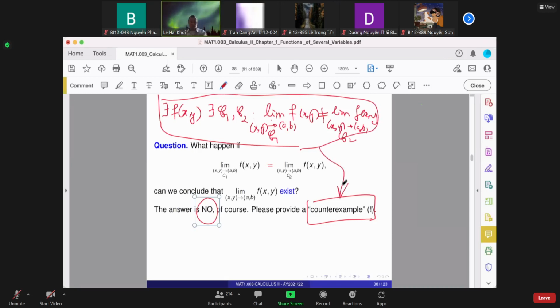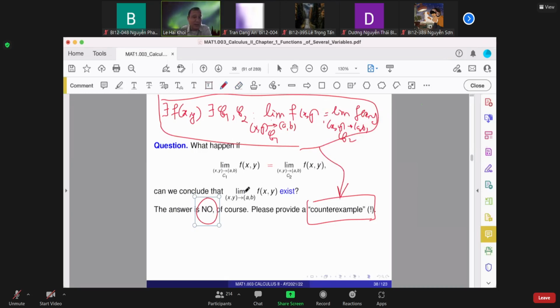Okay, so do it at home to understand. Oh, sorry, equal. They are equal. They are equal. But the limit doesn't exist. Right?